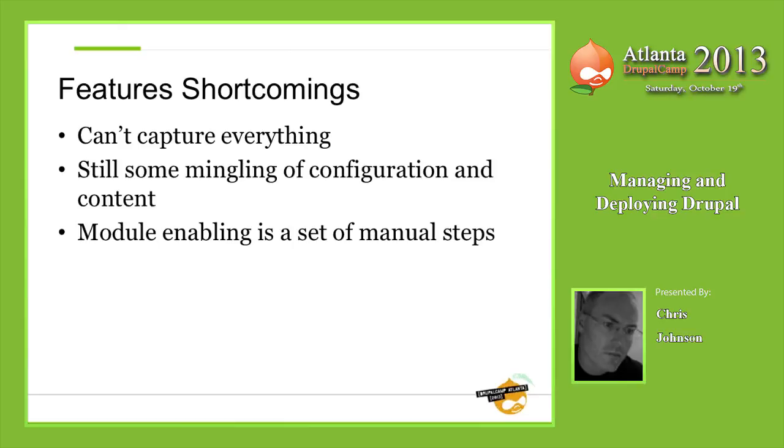That means the things you might use Features for in Drupal 8 would be a little different than in Drupal 7, where you're using it for two things: to group together functionality, and to capture that configuration and push it through environments. Drupal 8 has a configuration mechanism, so it should take care of pushing the configuration through environments, and Features can come back to bundling it for distribution type of things.